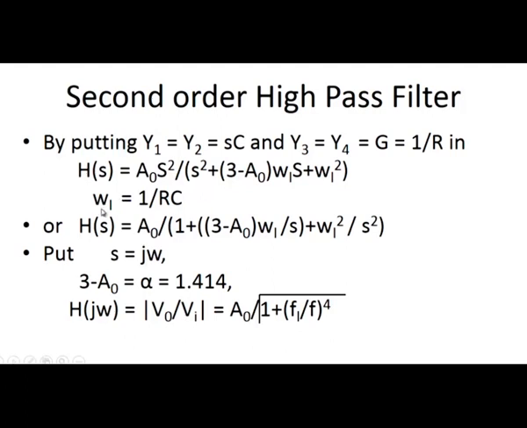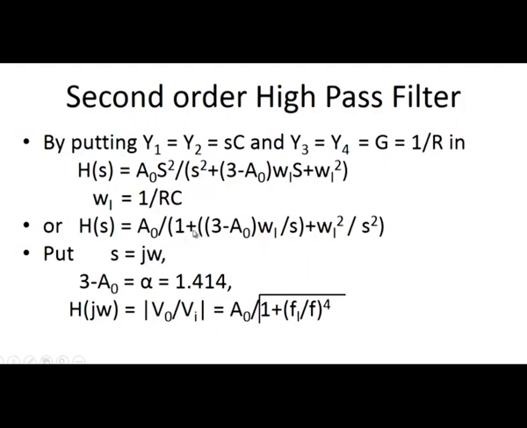If you replace this with 2 pi f, the lower cutoff frequency f is equal to 1 by 2 pi RC. And in this equation the s square is cancelled out.